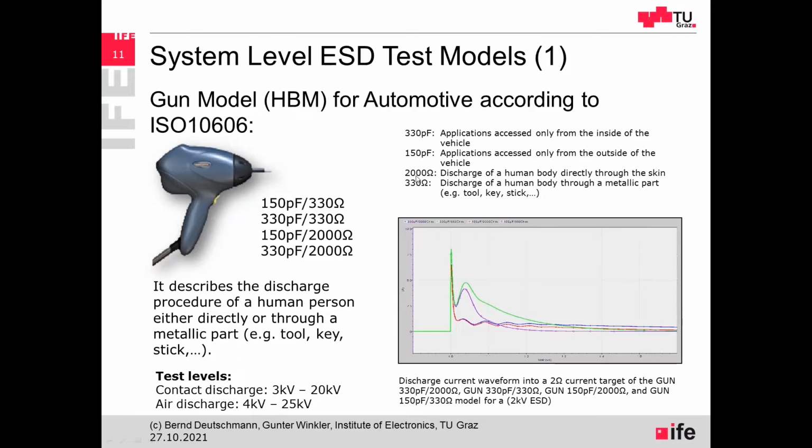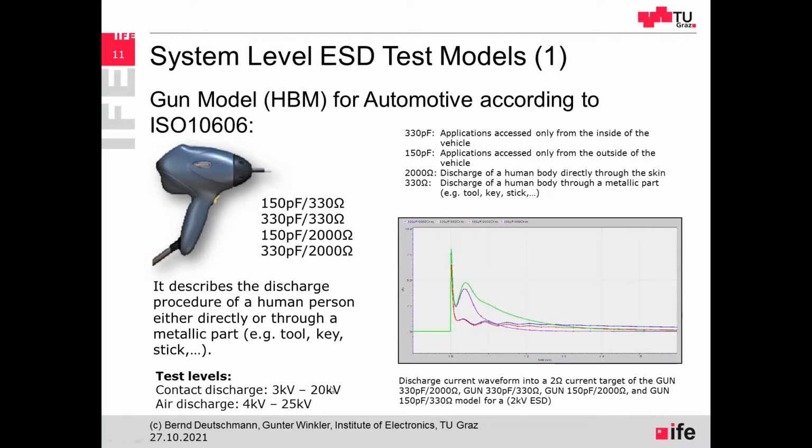And this really depends on what kind of simulation model is used. For example, for the resistances, 2000 ohm simulates the discharge of a human person without any metallic tools, directly through the skin. And 330 ohm simulates the discharge of a human person through a metallic part, for example, this screwdriver that I've mentioned before. And then also the capacitor varies because it depends if the person that is charged up is within the vehicle, so within the car, or approaching some electronic systems from outside of the vehicle.